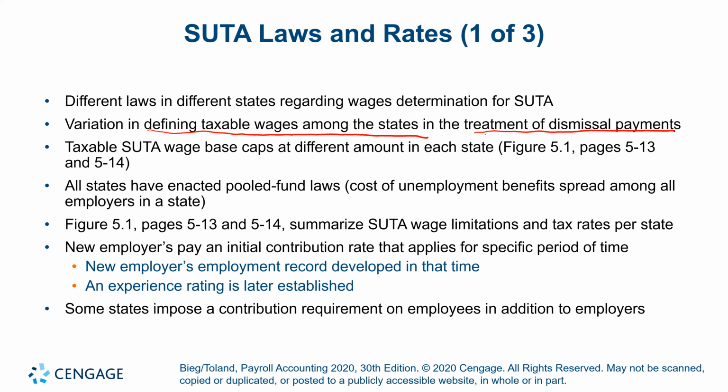Let's see, in Alaska, the wage base is up to 39,900. In Hawaii, it's up to 46,800, right? So every state is different, but you can look at those states in the book if you'd like more on that.